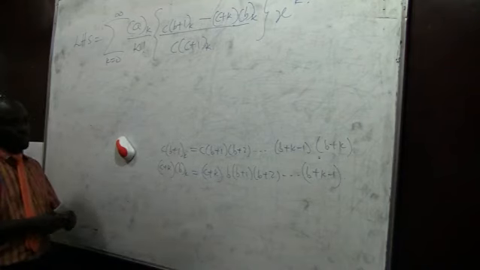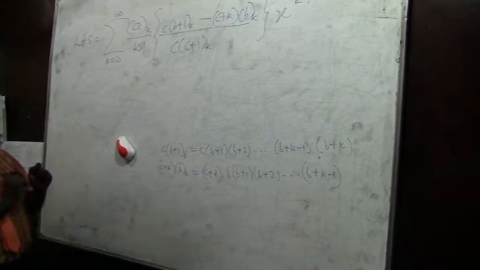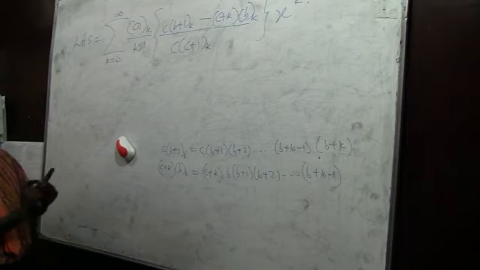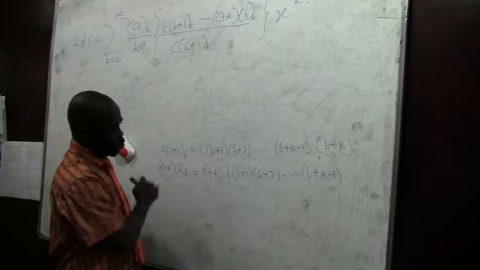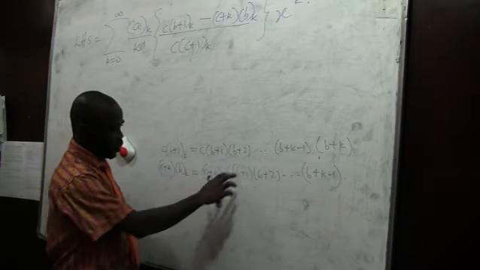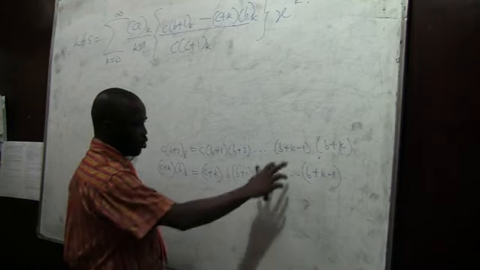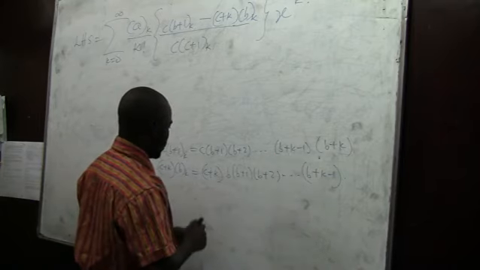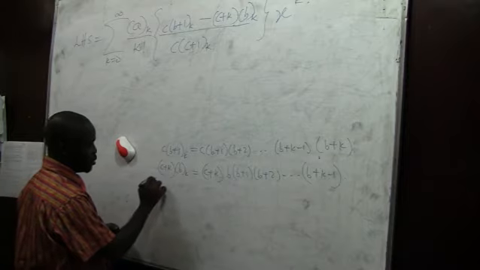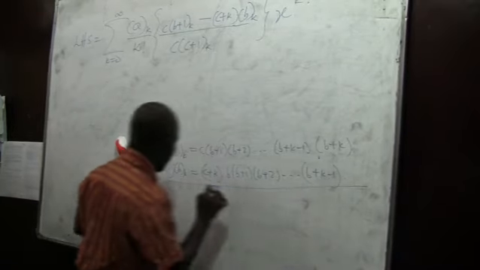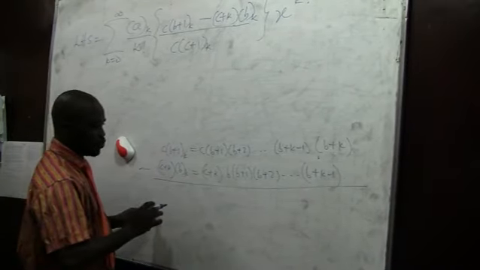So we want to subtract. If you observe very well, while subtracting, there are common factors. Of course, b plus 1 is a common factor to the two of them, b plus 2 is a common factor, up to b plus k minus 1. All that are common factors, so let us subtract. Then what do we have?